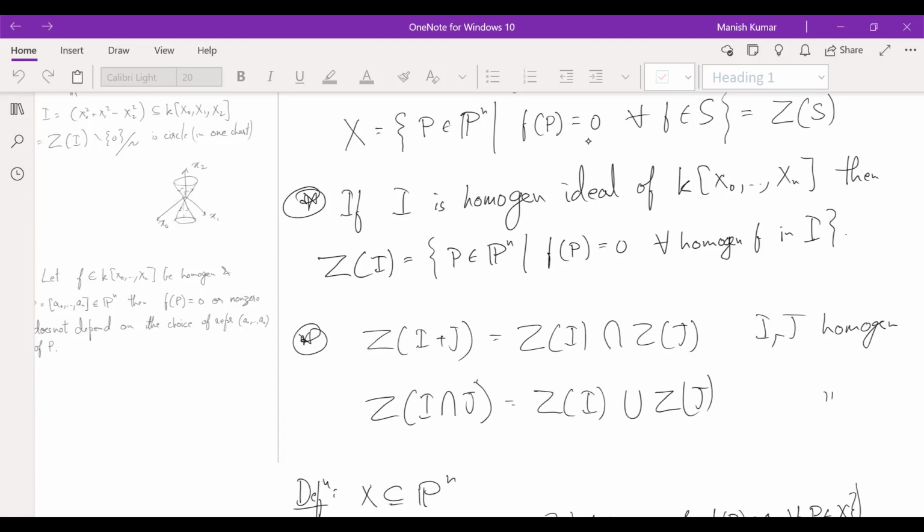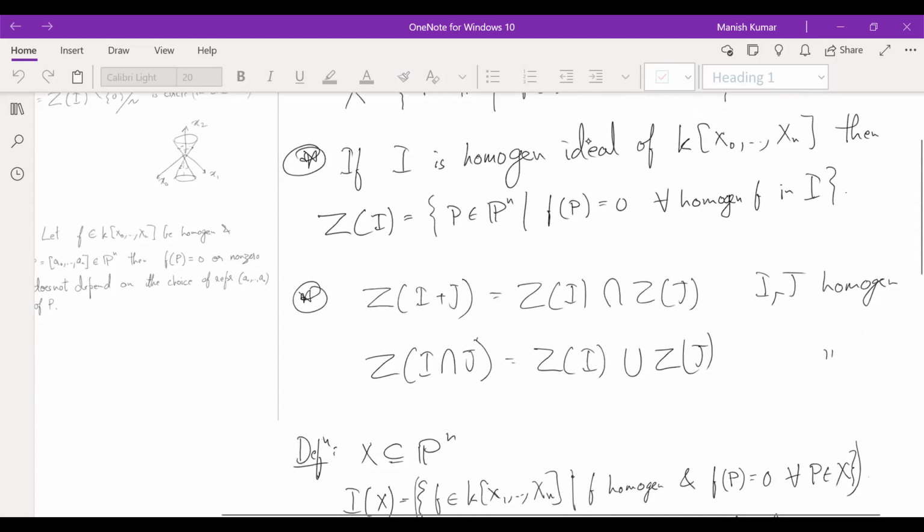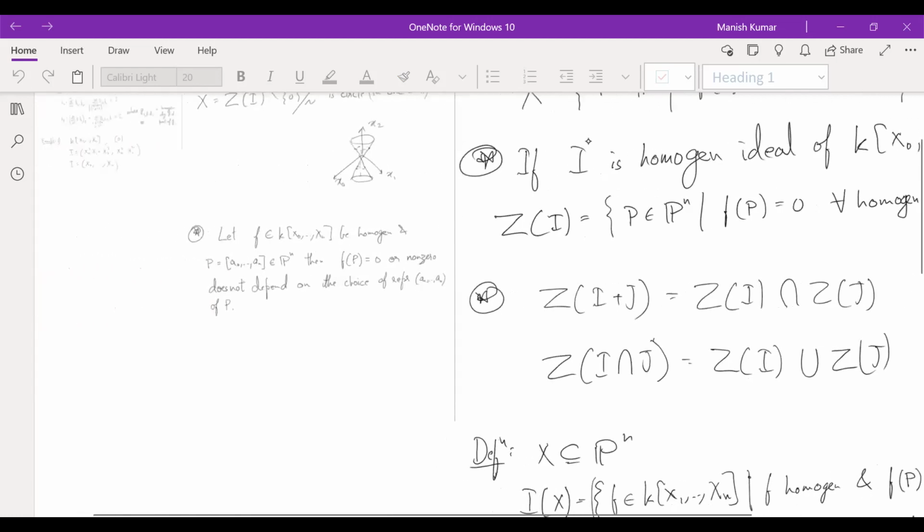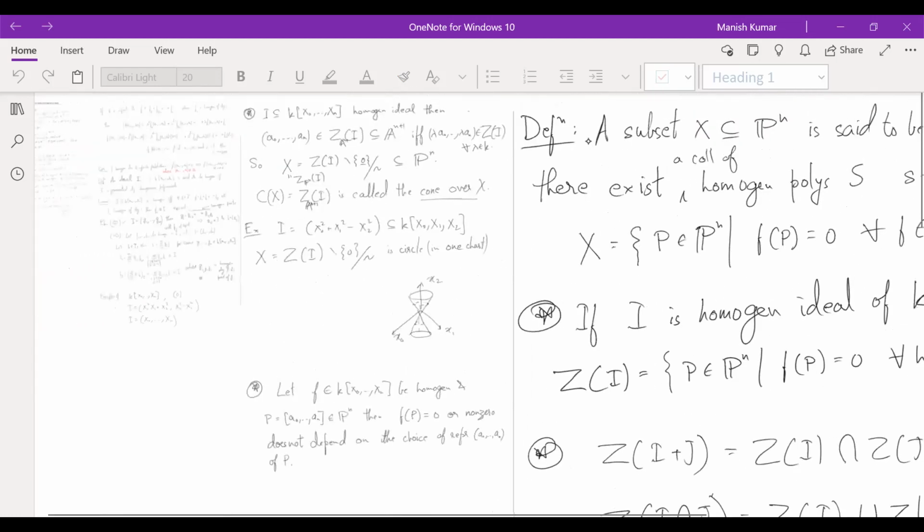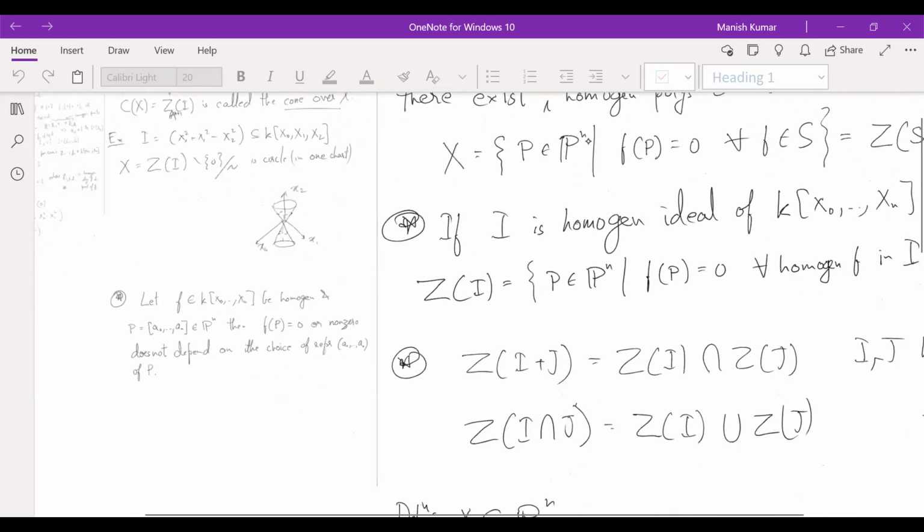Suppose f belongs to I intersection J, then each of its homogeneous pieces belongs to both I and J, because f belongs to both, and hence I intersection J is a homogeneous ideal. And then the zero set of I intersection J is the zero set of I union the zero set of J. So we are using that lemma, which gave you another characterization of homogeneous ideals.